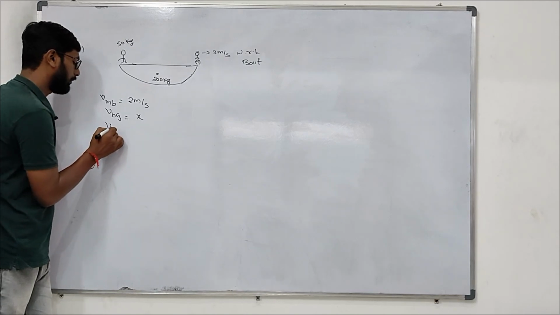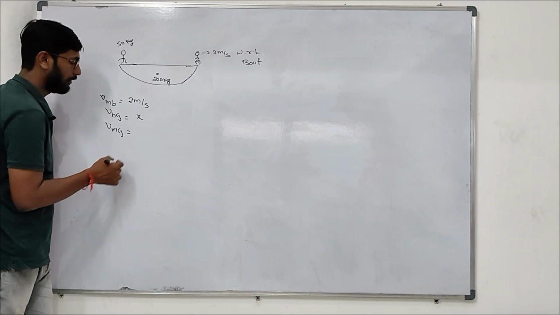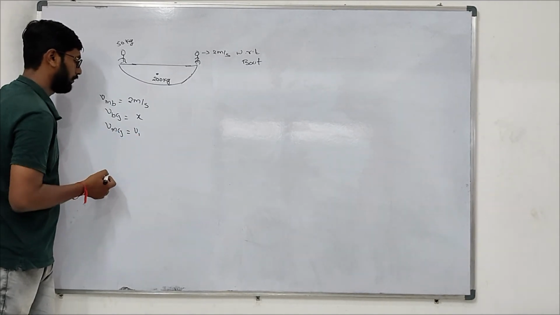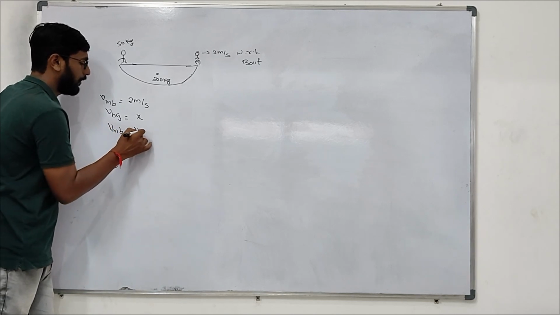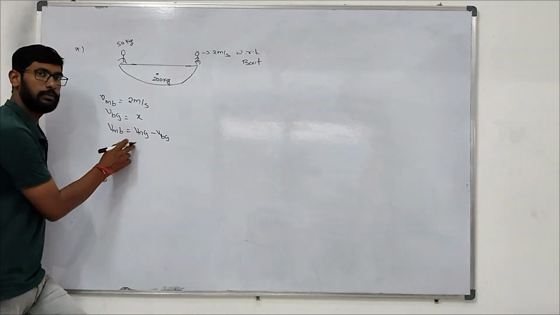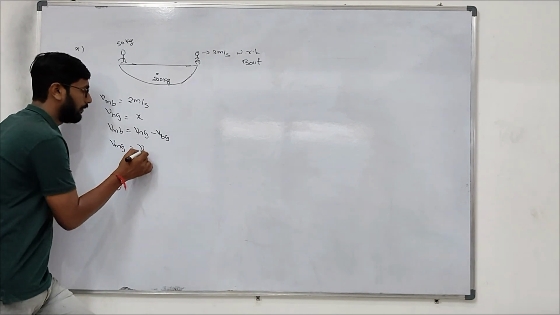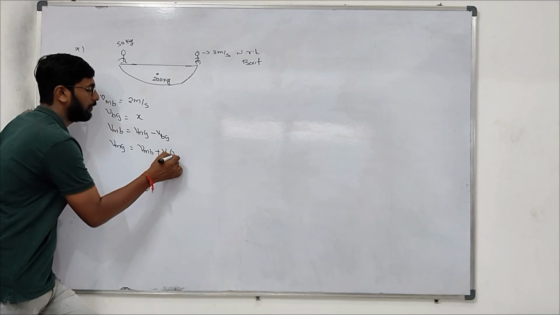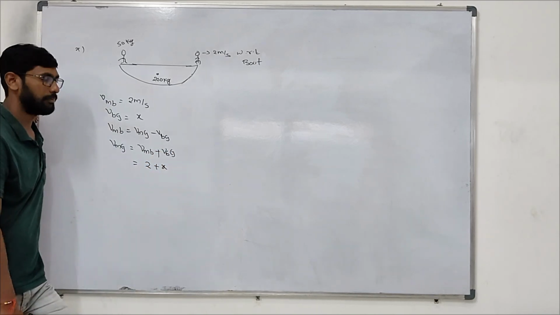Now the velocity of the man with respect to ground will be what? Velocity of the man with respect to boat is the velocity of the man with respect to ground minus the velocity of the boat with respect to ground. Now we want the velocity of the man with respect to ground, which equals the velocity of the man with respect to boat plus the velocity of the boat with respect to ground. So this is 2 plus x. Right?